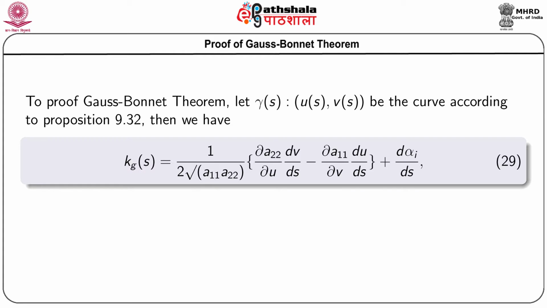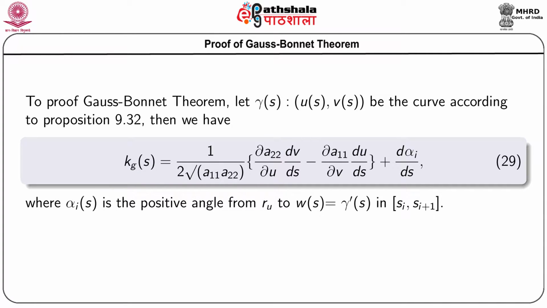We have obtained this expression from proposition 9.32, where alpha is the positive angle from r_u to gamma dash(s) within the interval s_i and s_(i+1).